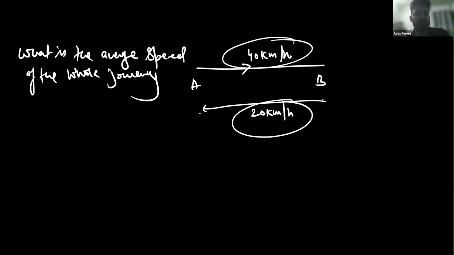What is the LCM of 20 and 40? Or if I say, what is that number which can be easily divisible by both 40 and 20?